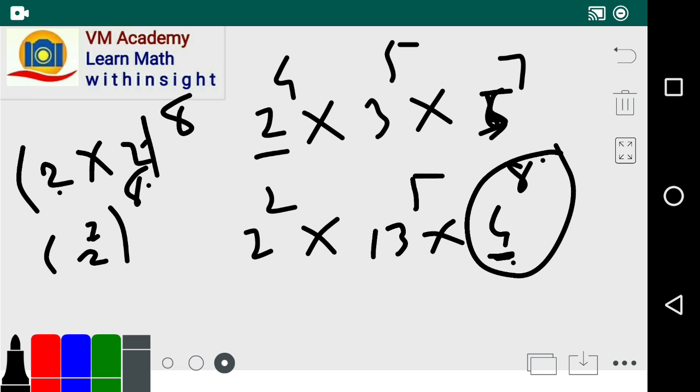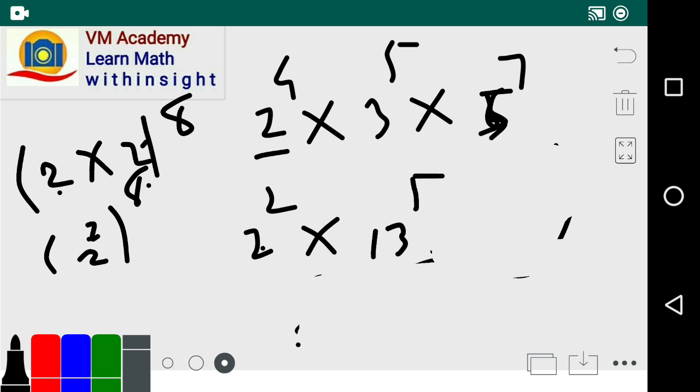So 2 raised to 16 into 2 raised to 2: according to the law of indices, when the base is the same, indices add together. So 2 raised to 16 into 2 raised to 2 becomes 2 raised to 18.